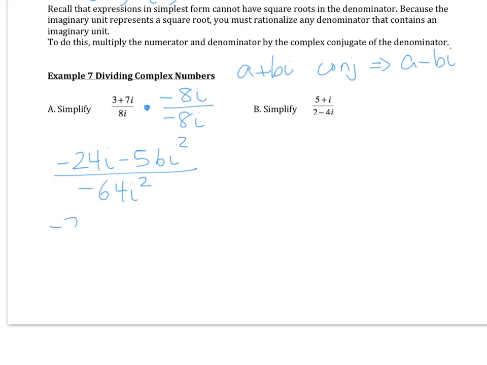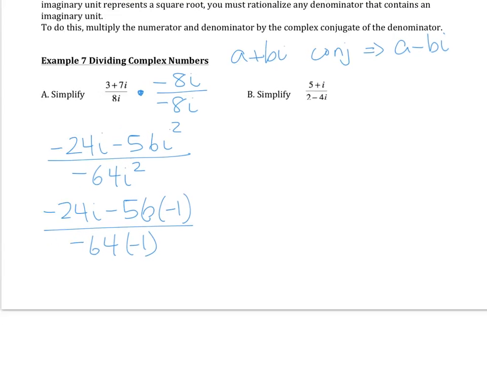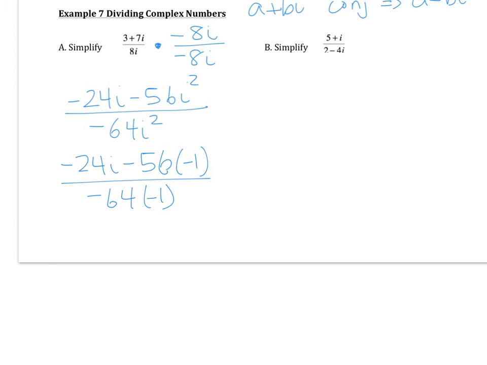We can simplify. Remember, i squared is negative 1. So we get negative 24i plus 56 over 64.